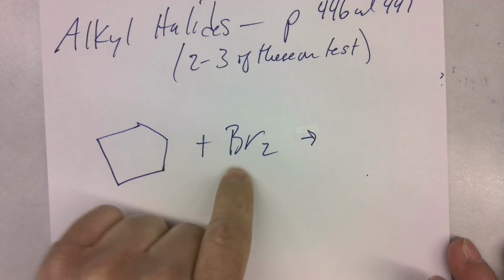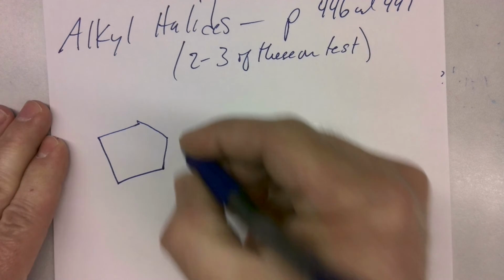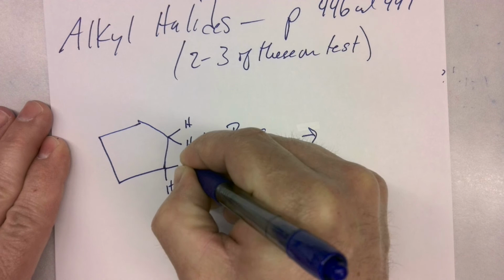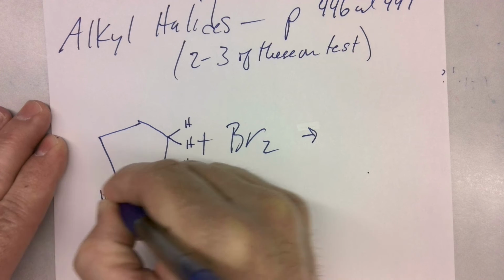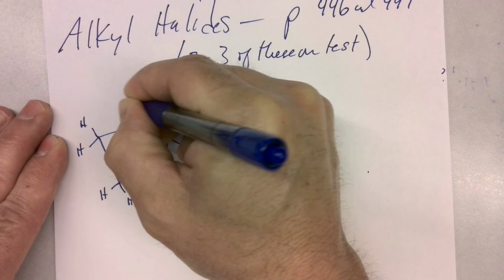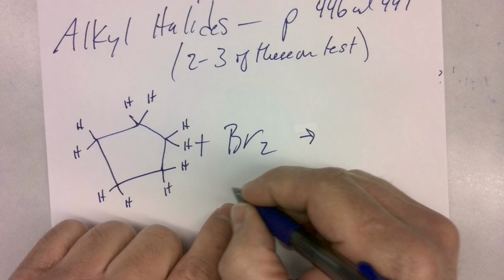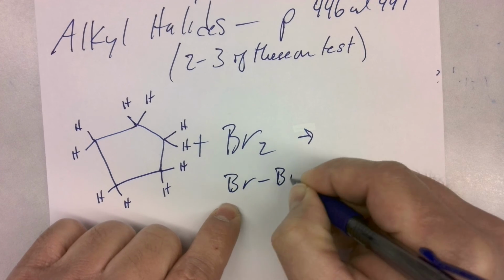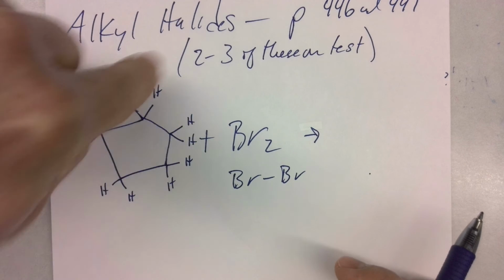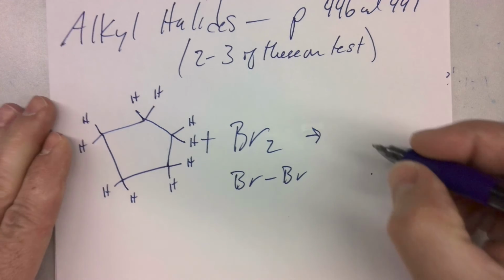One of these Br's is going to merely take the place of one of these H's. Right now each carbon has a whole bunch of H's. Because Br2 looks like that, this bond is going to break, and one Br is going to go where one of the H's is, and that H is going to go to the other Br. And so I would end up with this.